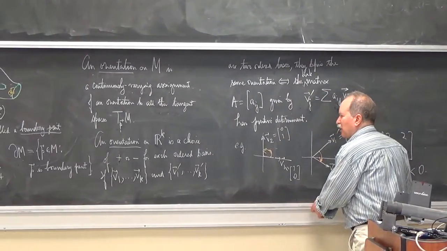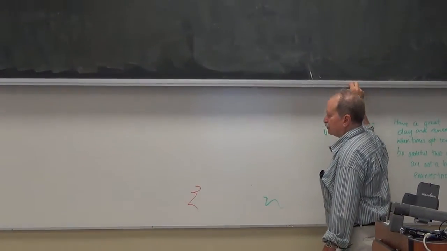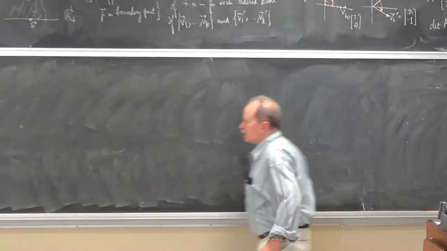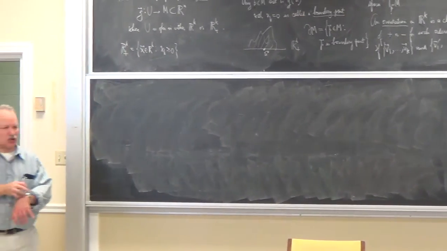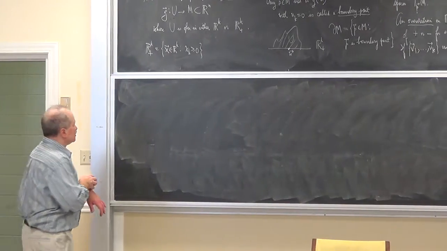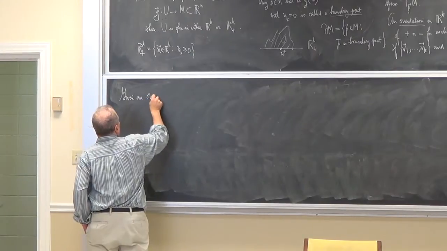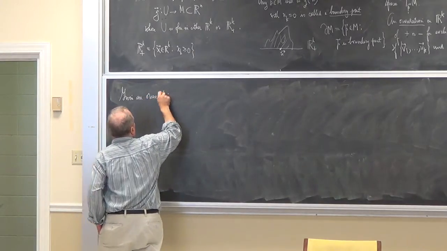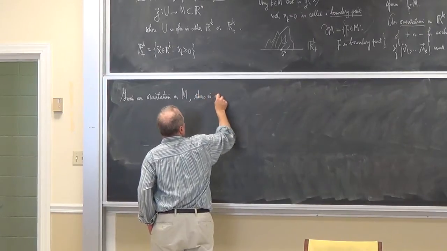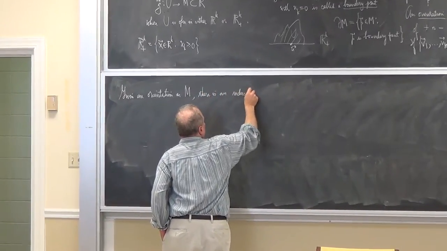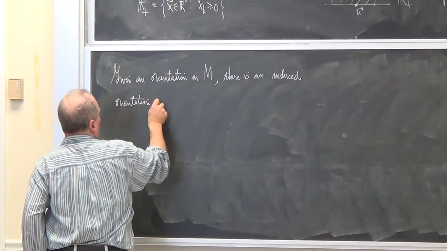Okay, so here comes the fun part. And this, you're not going to see for a few days why this is important, but this is important. Given an orientation on M, there is an induced orientation on the boundary points.